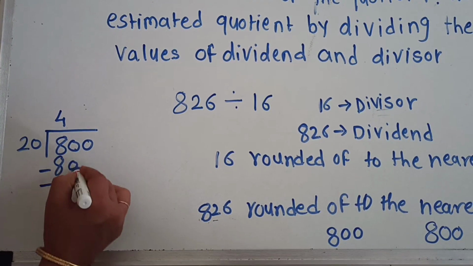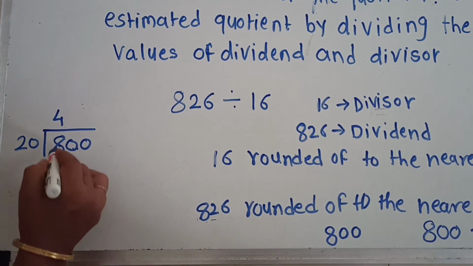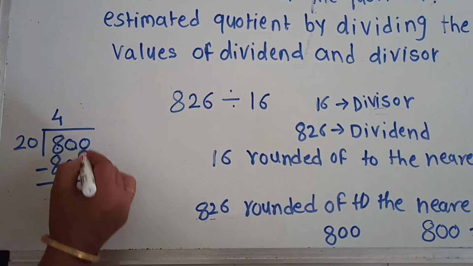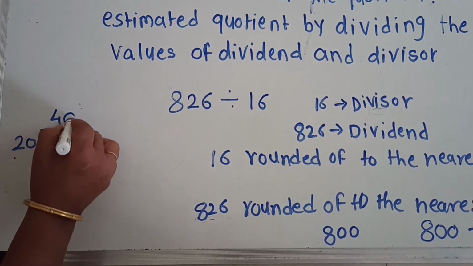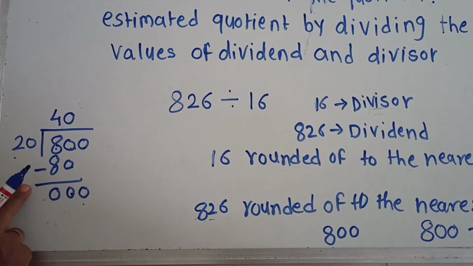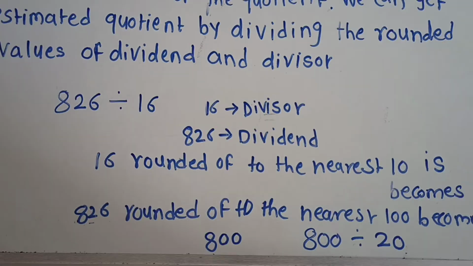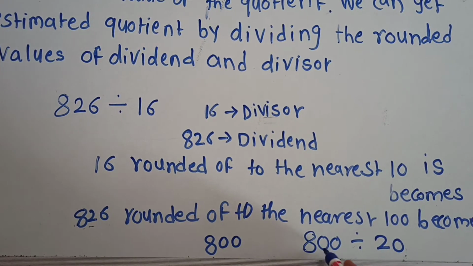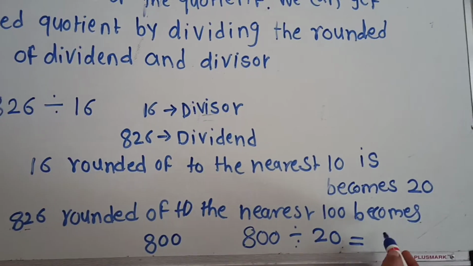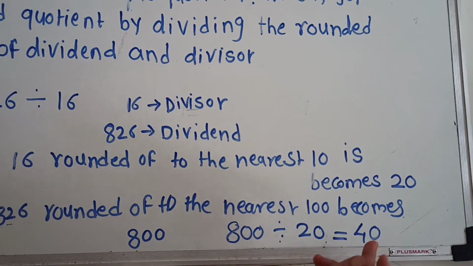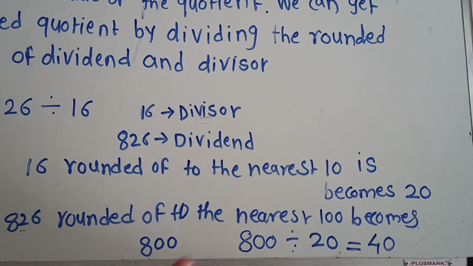Then 80 minus 80 is 0. Then take this 0 down, and 20 zeros are 0. Like this, 800 divided by 20 is equal to 40. And this is the estimating quotient.